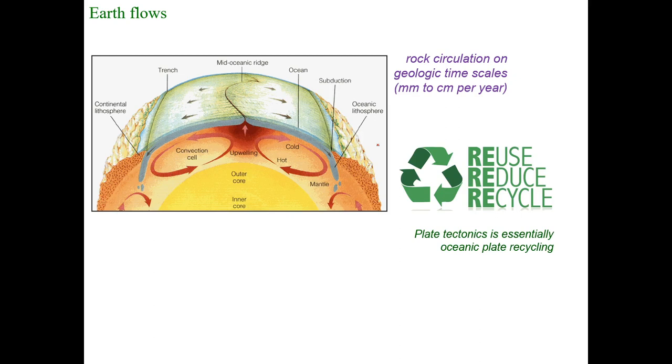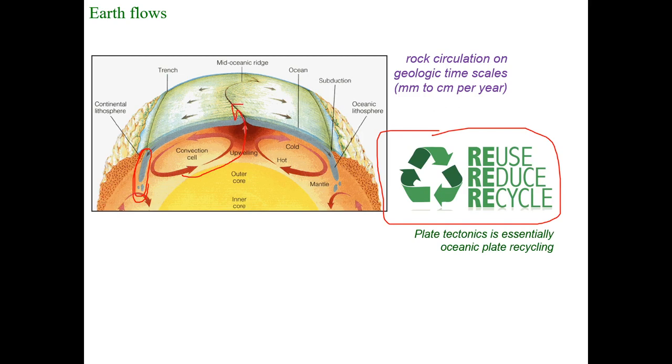Okay. So rocks, I have this reduce, reuse, recycle thing here because that's what's going on. The lithosphere is recycling. It's dipping back into the mantle in some places. Subduction zones, it's coming back into the mantle. In other places, it gets reprocessed and brought back up.